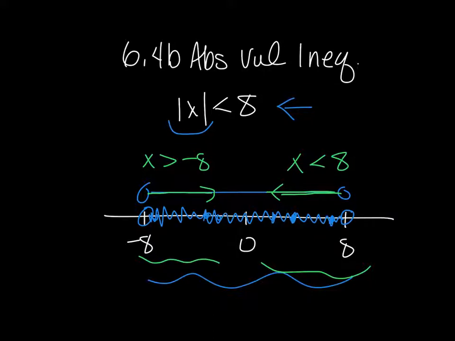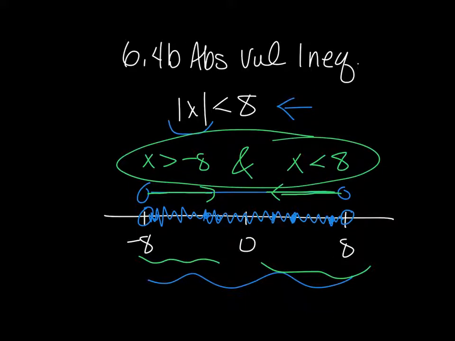And remember, this is a compound inequality, so they're connected in between. This is an and statement, so we will put an and there, and that would be our answer.